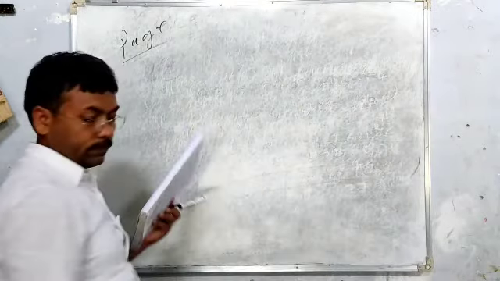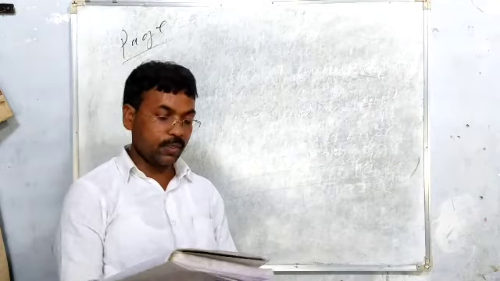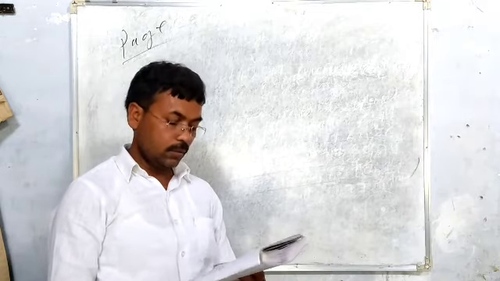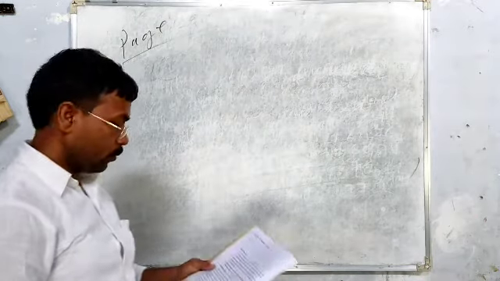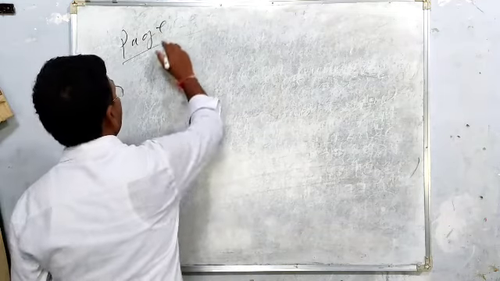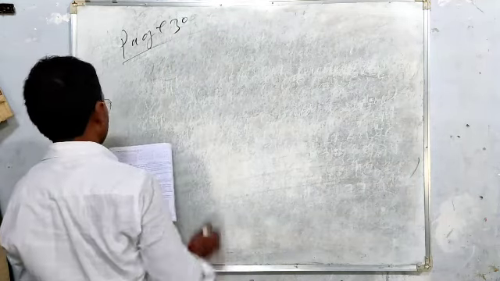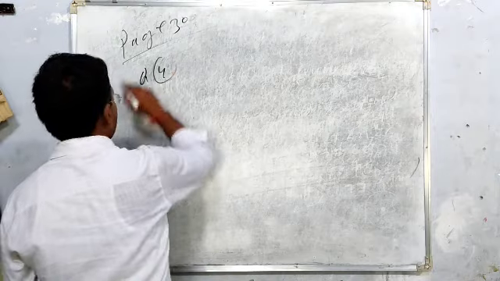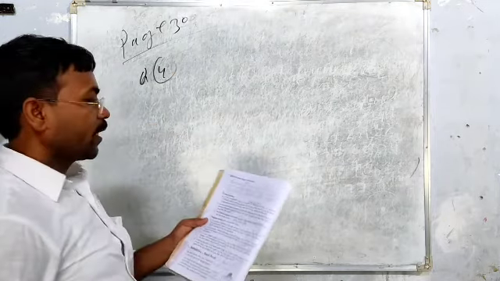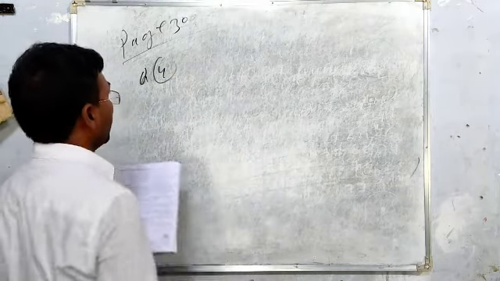I hope, children, you continue your study. Now come on to question number 4, page number 30. Here question number 4 is written: write the correct digit in the box. Right?